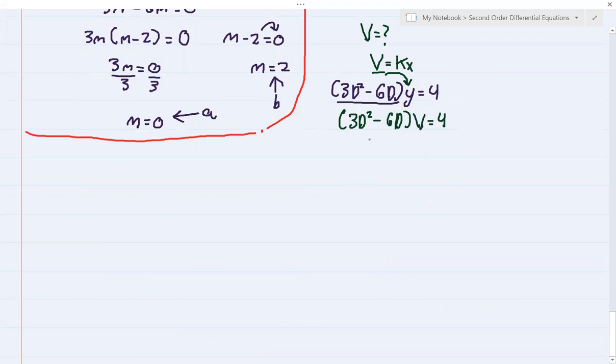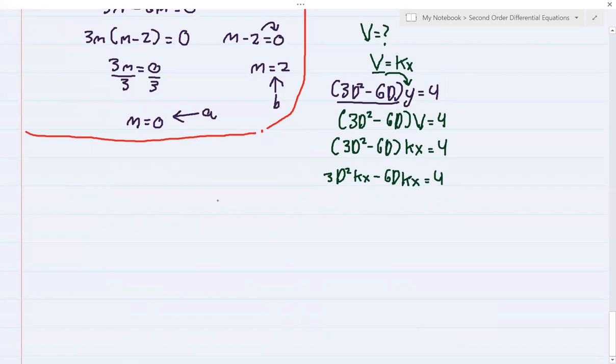Now, since your v is equal to kx, we will have 3D squared minus 6D times kx is equal to 4. Now distributing, we will have 3D squared kx minus 6D kx is equal to 4.